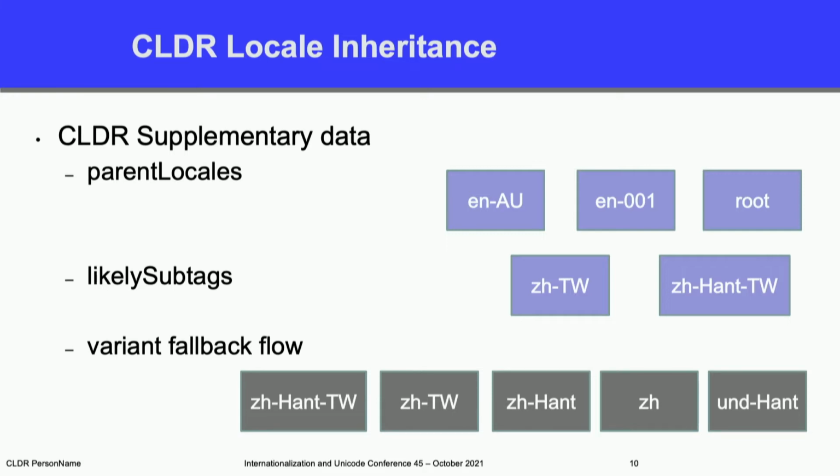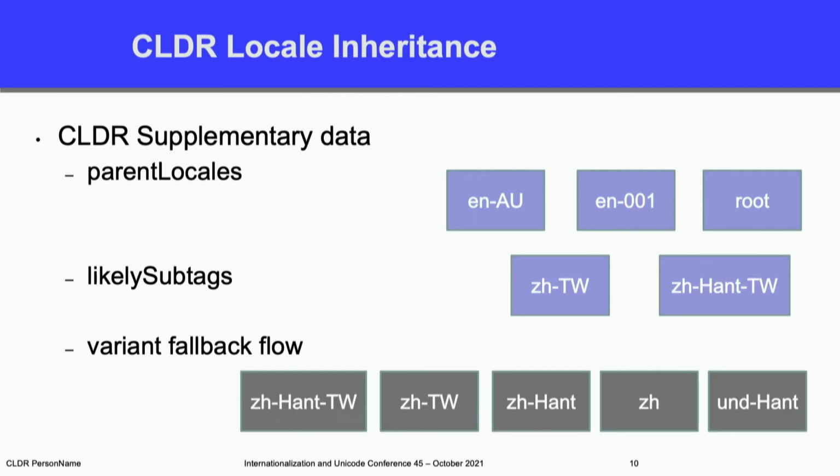So an example with parent locales: en-AU has a parent locale of en-001, not en, but English for the world. And then it falls back to root. Or rather, you'll go back into the fallback from en-001.